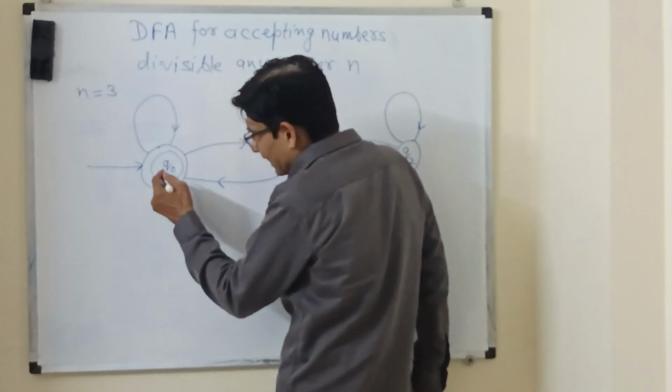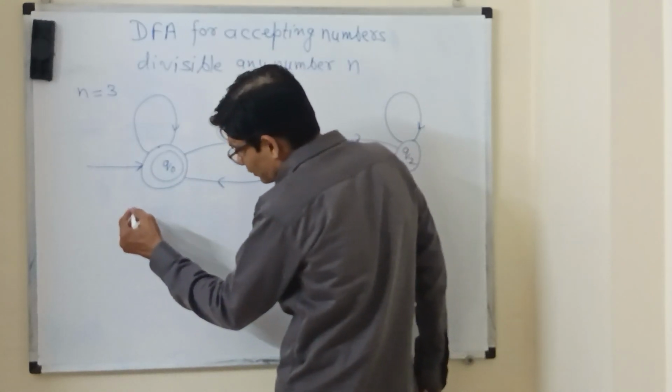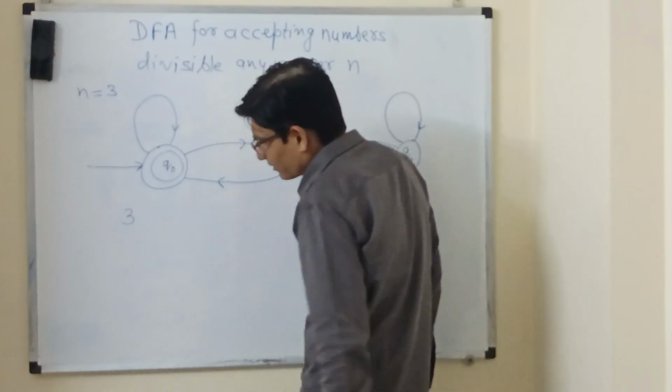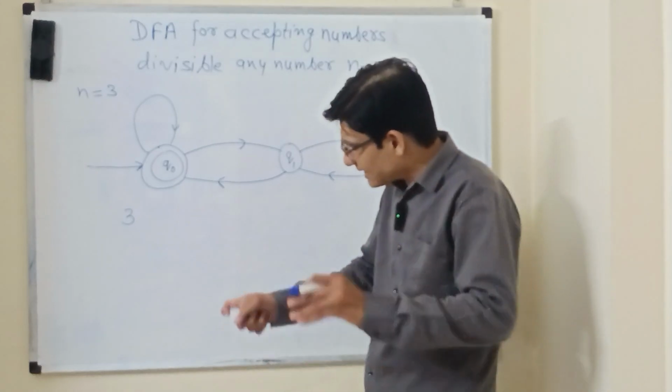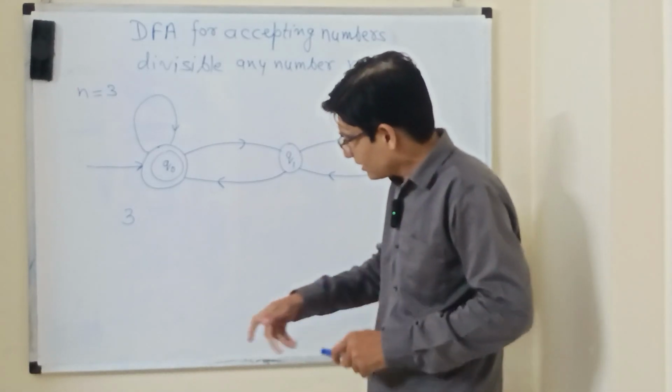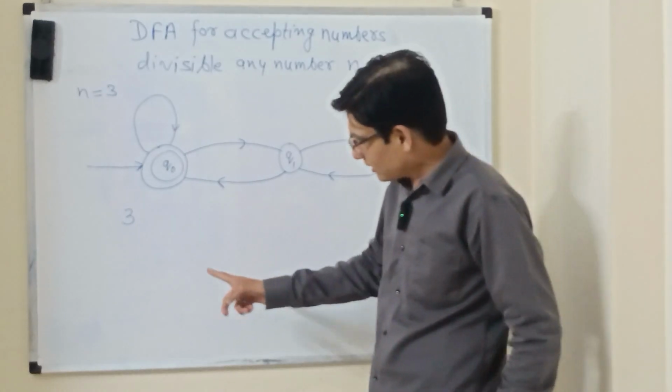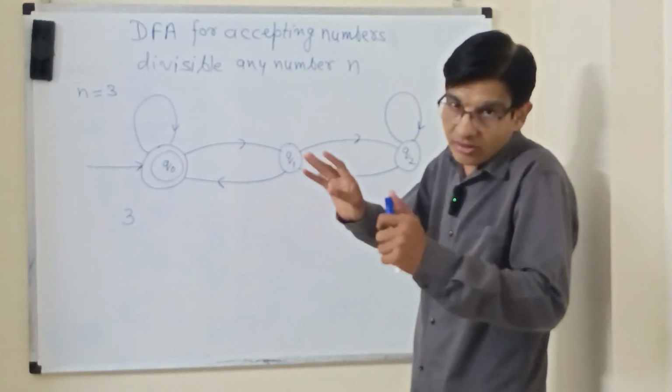Now, as we are using decimal numbers here, I can simply take 3, which is already divisible by 3. Now we will apply 0 to 9 one by one on this, and then we will see to which state we are moving.